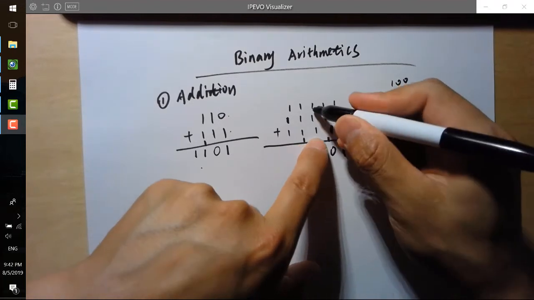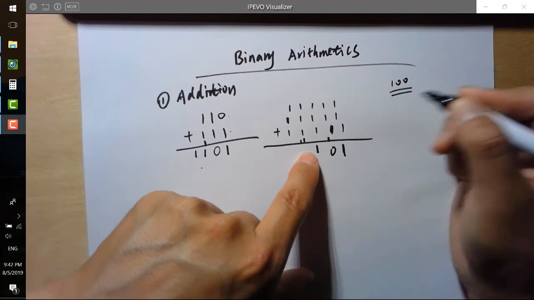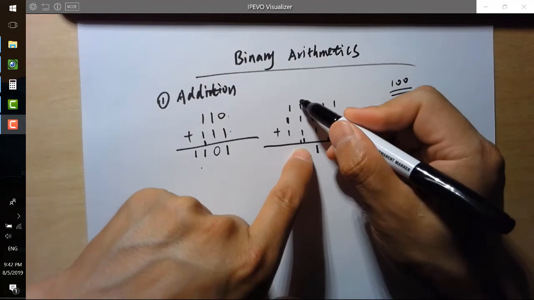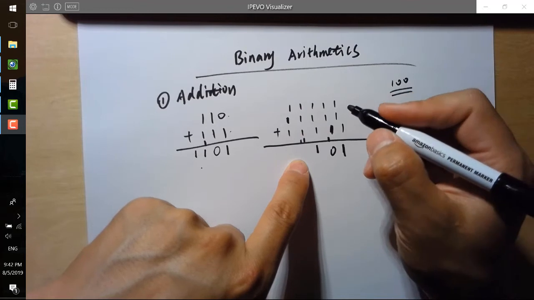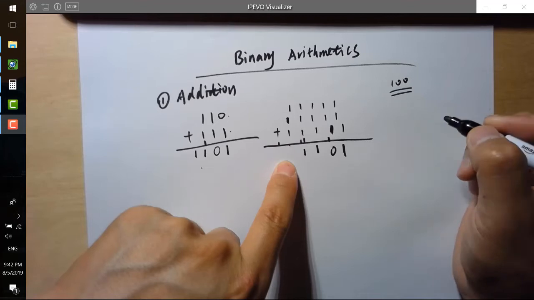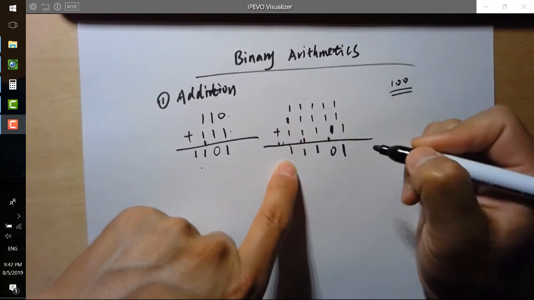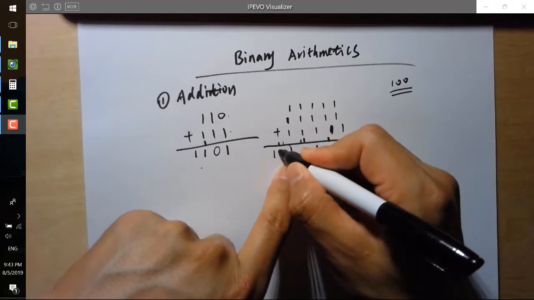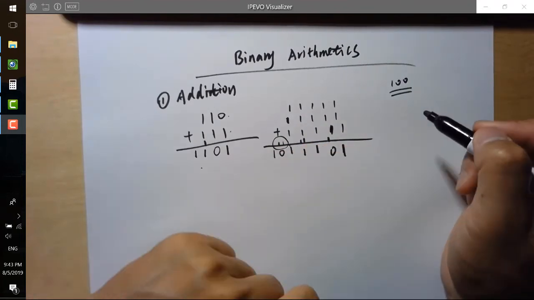Okay, and now it's 3 again. So 3 is 1, 1. And now 5 is 101, right? So 101. And 3 is 1, 1. 2 is 1, 0. That's the leftover here, right? It's 2, the 2 carries.